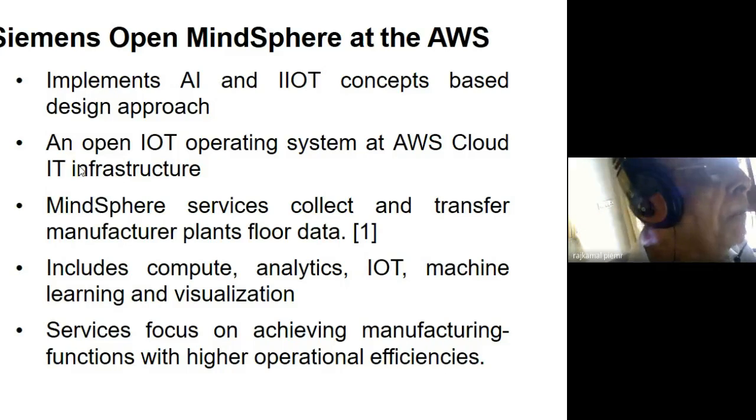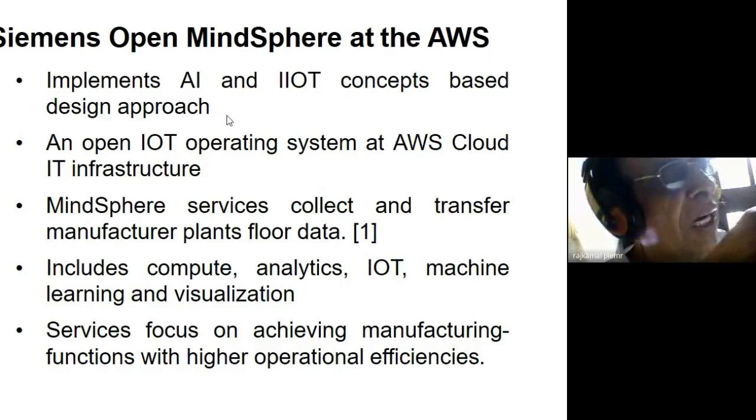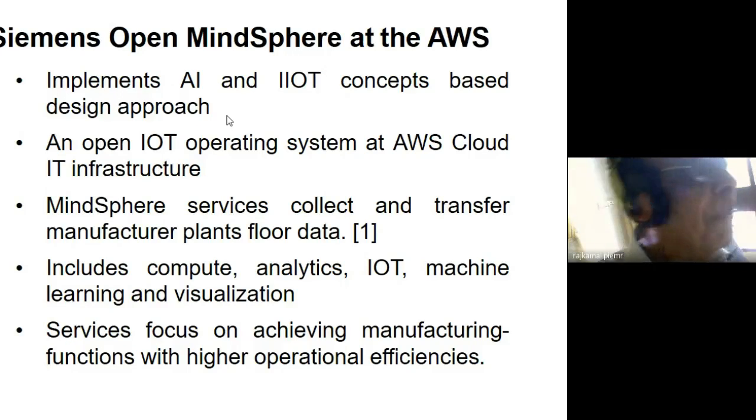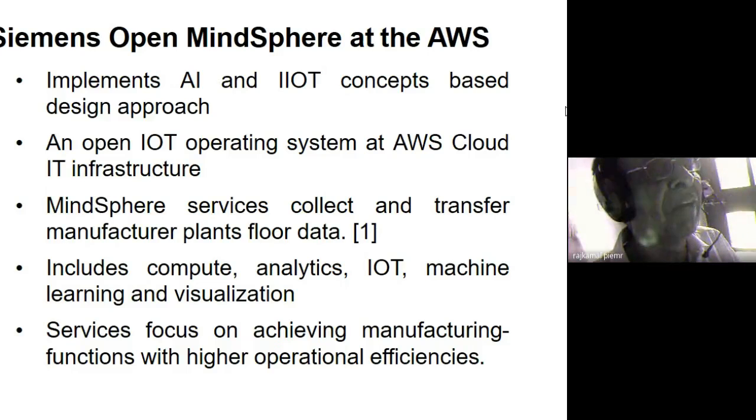It will implement an AI and IIoT concept based design approach. I have told you about the different modules, databases, descriptive and predictive analytics, etc. Those modules are available in the MindSphere software.